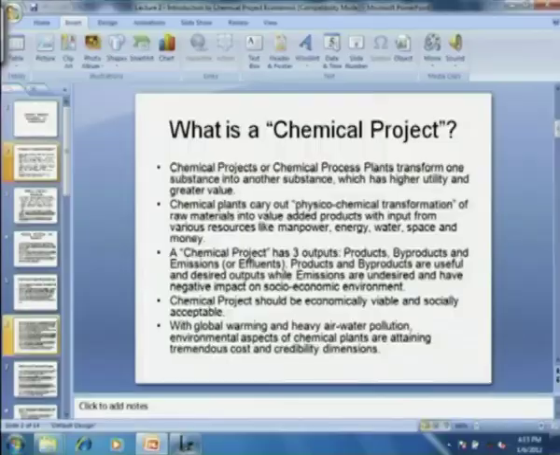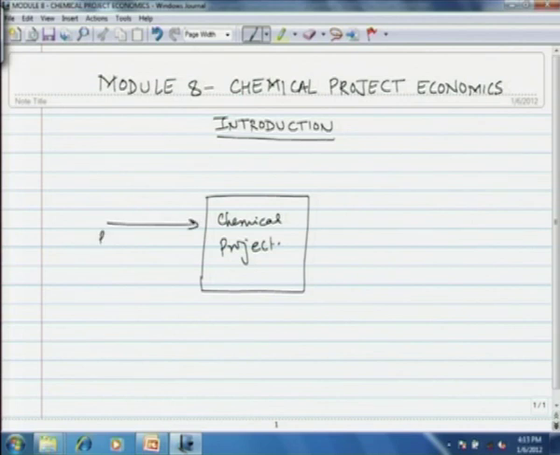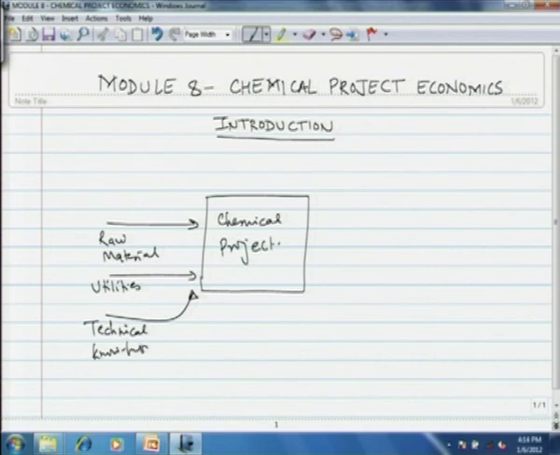If you draw a simple flow sheet of a chemical project, as we have seen in the flow sheet synthesis module, a chemical project has several inputs. First, the raw material, then utilities, then the technical know-how, and then the capital, money.